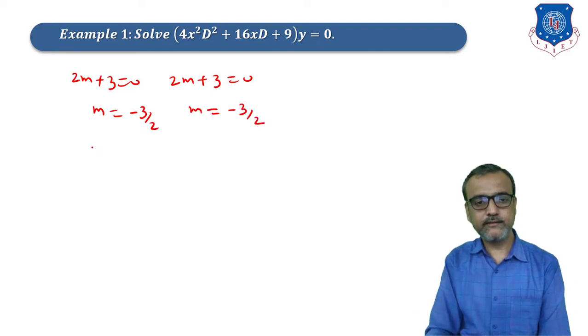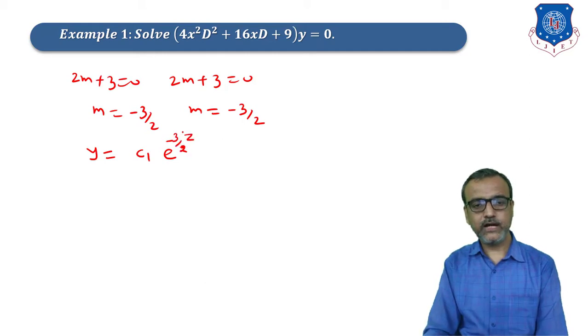So in this case the solution is y equals c1 e raised to minus 3 by 2 z. Why have we written z over here? Because D is d by dz. Then after the plus sign, as this root is repeated, we will multiply the result by z.